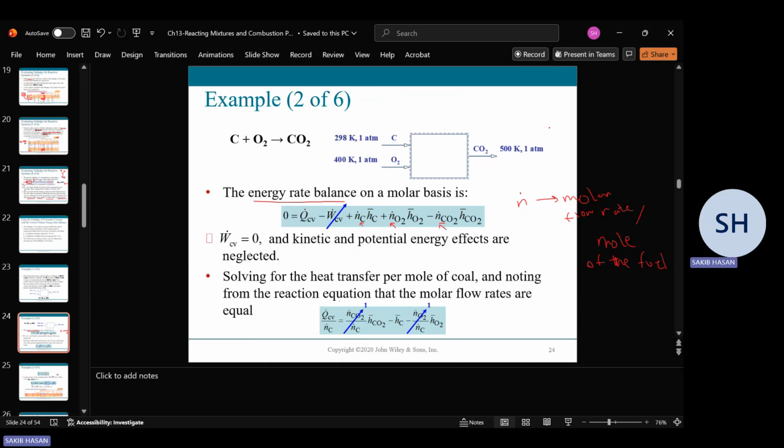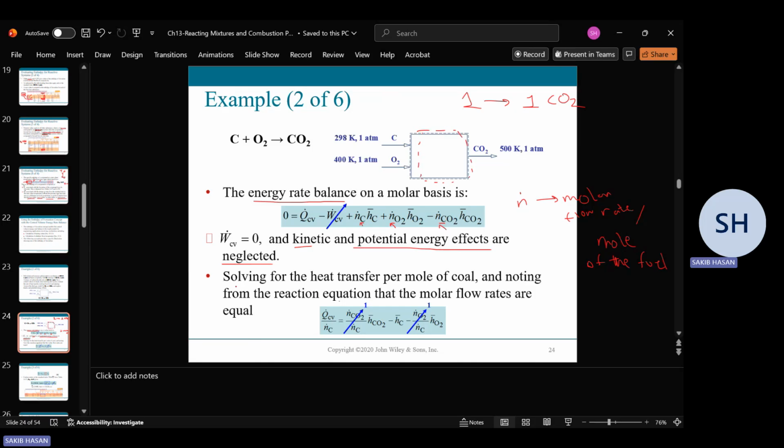So let's say you have 1 mole of fuel going in, and you have 1 mole of CO2 being released, right? So that would mean that this n dot and this n dot would be the same, right? And now another assumption that we've used here is that the kinetic and potential energy effects will be neglected across this control volume that we have here for our chemical reaction.